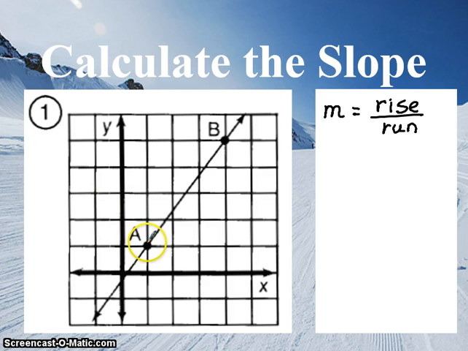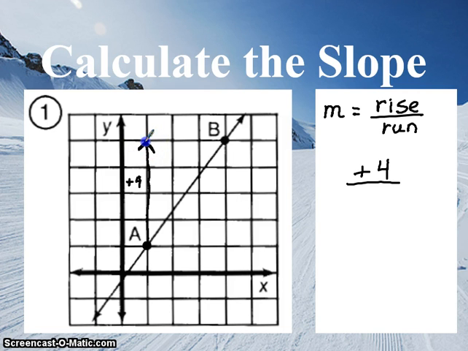Start at the leftmost point, which is here at A. Put your pencil on A. Drag your pencil up until it rises or falls to the point where B is. Now count how many you went up. In this case, 1, 2, 3, 4. So we could put positive 4 as the rise, in the numerator of my ratio.